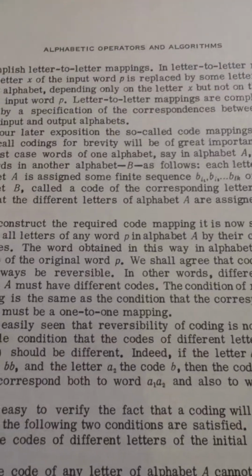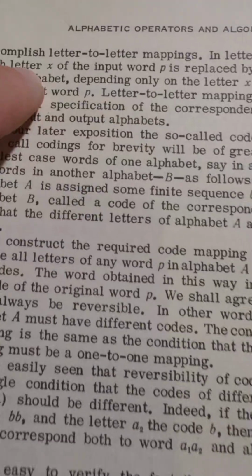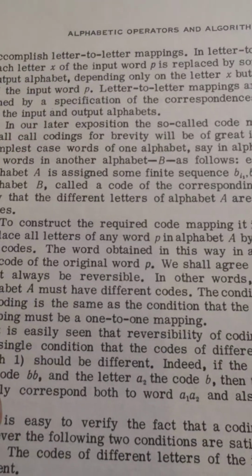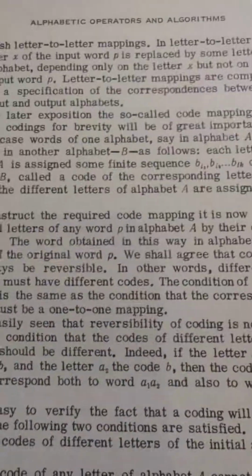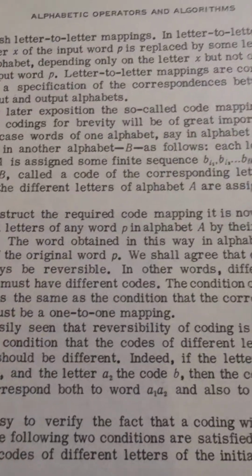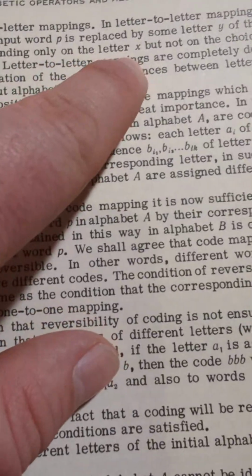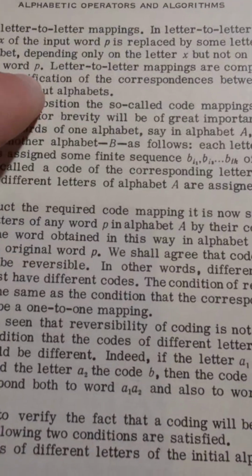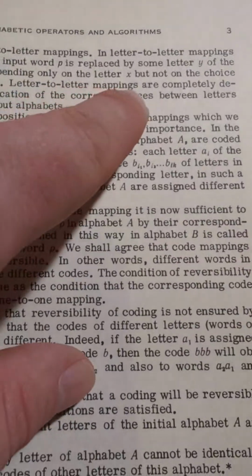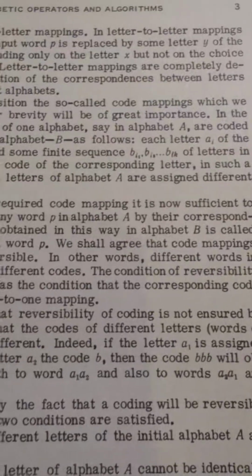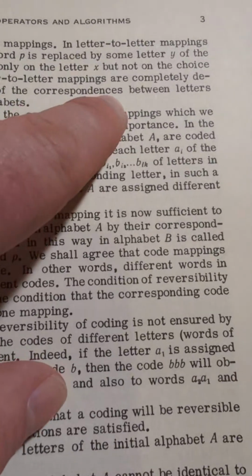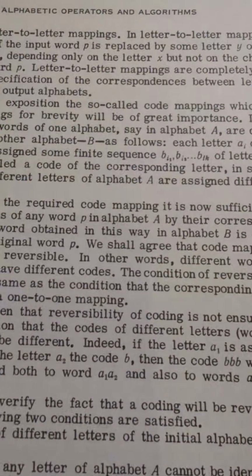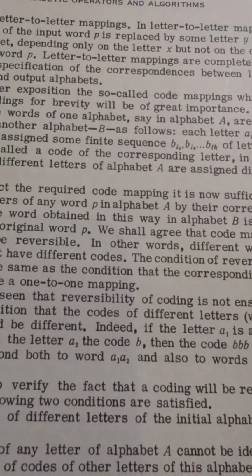In letter-to-letter mappings, each letter X of the input word P is replaced by some letter Y of the output alphabet, depending only on the letter X, but not on the choice of the input word P. Letter-to-letter mappings are completely defined by a specification of the correspondences between letters of the input and output alphabets.